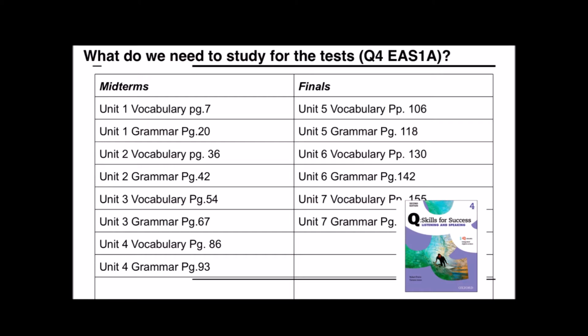The finals, if we've done the midterm already, don't forget the finals cover units 5, 6 and 7, and also the pages are there. If you have any questions about unit 7, because it's been blanked off there, let me know, but you should find those on my PPTs that I send via the Kakao open chat.